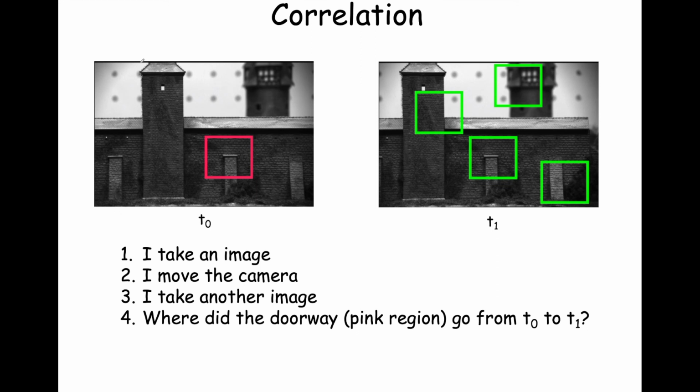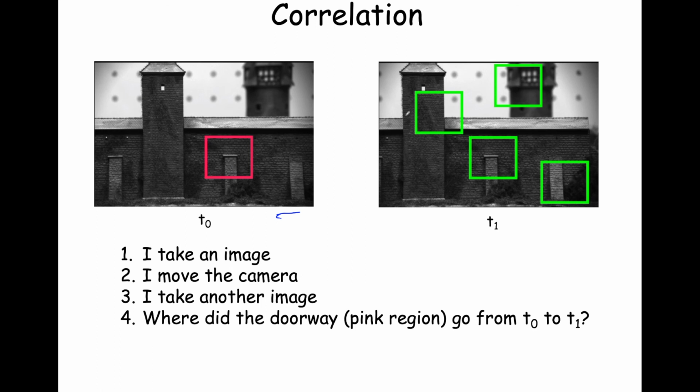And so this is an example. You take an image and you move the camera. In this case, you move the camera to the right. If you move the camera to the right at time t1, the image goes whooshing by in the left direction. So all the pixels move in that direction when you move the camera to the right. So then you take another image. That's your image at time t1. So one question you might want to know, where did this doorway circled in pink go when you went from time t0 to t1?